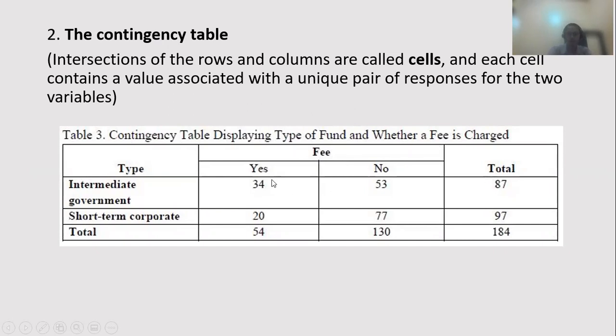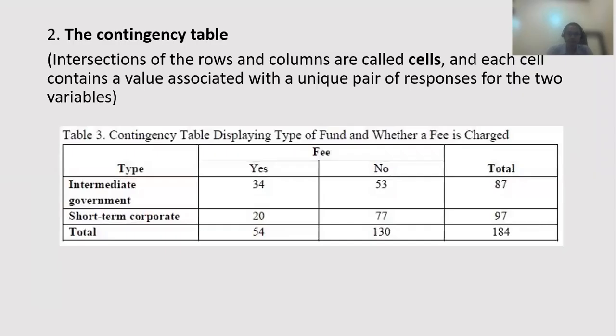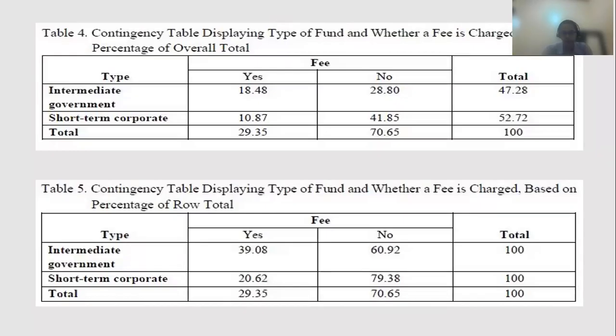So in order to fill the cell here based on row total, instead of 34 divided by 184, we should divide 34 by 87. So again, you just go to your calculator, 34 divided by 87, and you will come up with 39.08%, right?